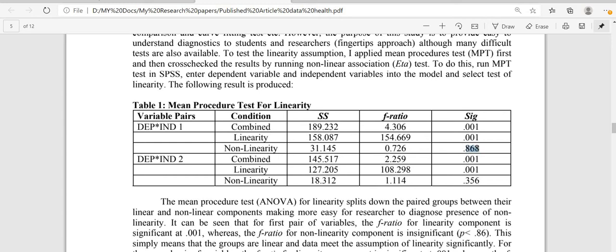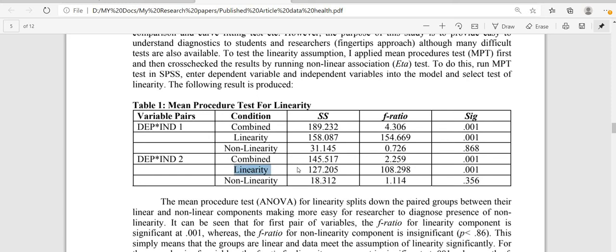So what does it mean? The non-linearity component is insignificant and the linearity component is significant. Therefore, we will conclude that this pair of variables fulfills the linearity assumption of the regression model. Similarly, the dependent variable and independent variable 2 is the variable pair. For the combined test, it's sum of squares, F ratio, and is significant at 0.001.